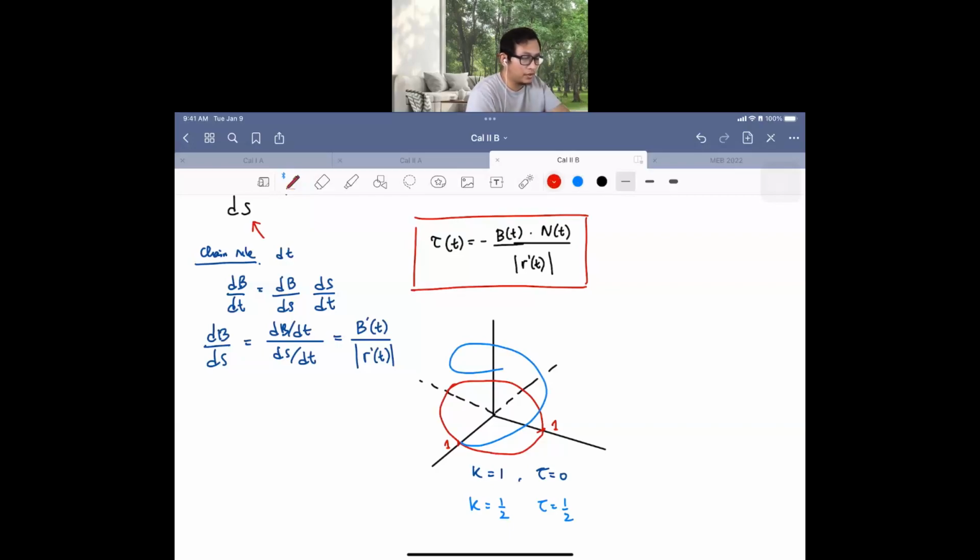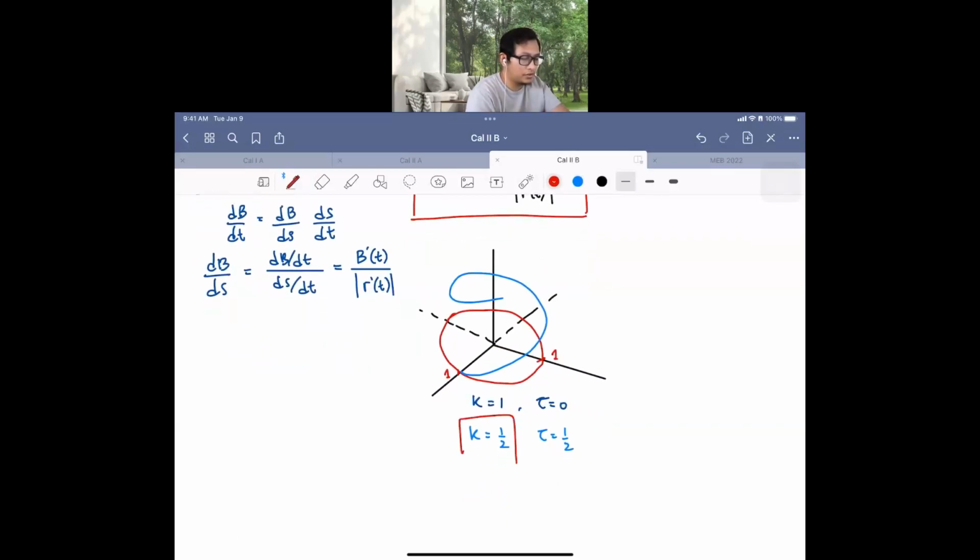So this curvature bends the curve, and this torsion will be twisting upwards.